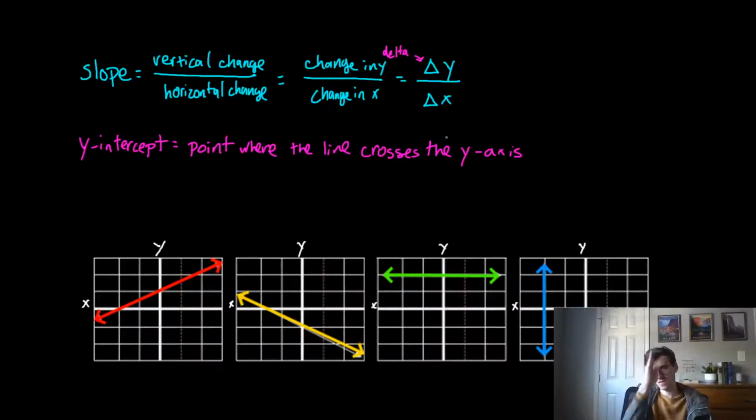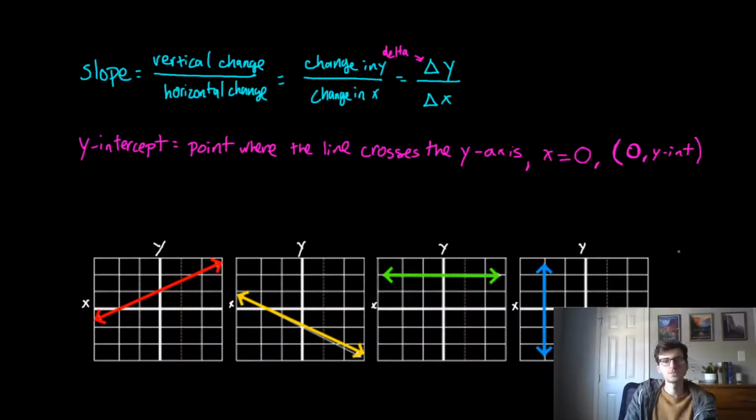The y-axis, that's our 0 point. And so the y-intercept is where we cross that y-axis. It's the point where x is equal to 0. It's the point where x equals 0 on my graph. And so oftentimes as a point, it's 0 comma whatever the y-intercept is. Okay, so that's the y-intercept.